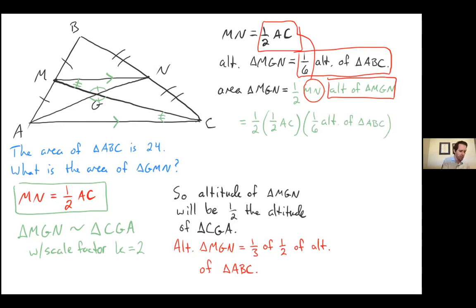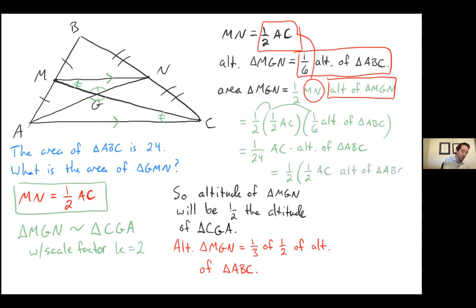If you're still in the dark about how this is helpful, don't worry, it's going to get clear real soon. 1/2 times 1/2 times the 6th is 1/4 times the 6th is 1/24. 1/24 times AC times the altitude of triangle ABC.